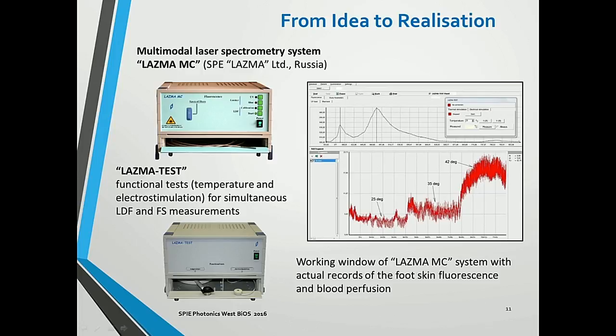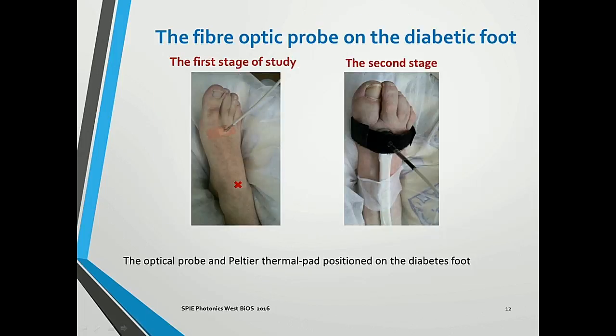So everything is parallel. A physiological or functional temperature test can be done with a particular time scale, depending on the patient and what we want to do with the measurements, and when we measure the actual parameters of laser Doppler flowmetry and fluorescence spectroscopy of the tissue.